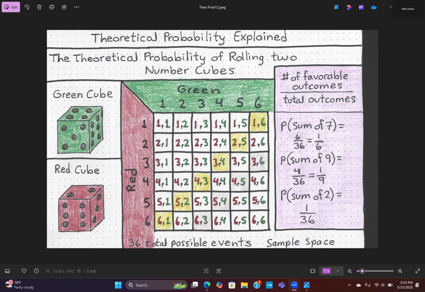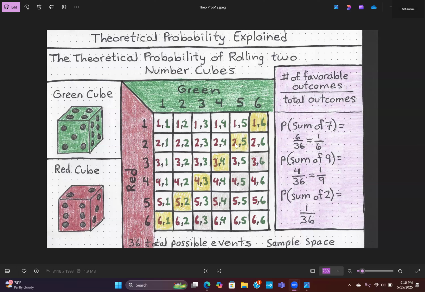Let's say you wanted to roll the sum of 7 when we roll those two number cubes. The sum of 7 would be considered our favorable outcomes, the outcomes that we want to achieve, over the total outcomes that there are. And in this case, there are 36 possible outcomes. But let's take a look at the possible outcomes of getting a 7 when we roll those two number cubes. We can get a red 1 and a green 6.